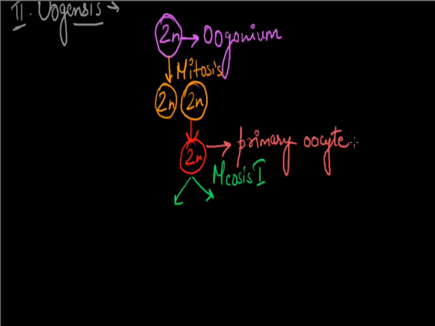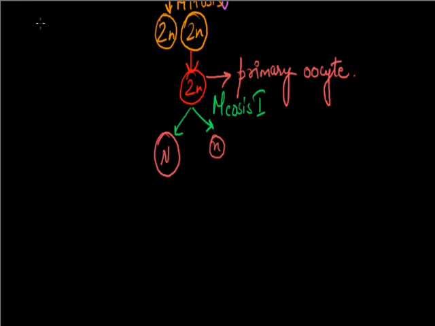Meiosis 1, as we all know, is the reduction division, and will produce two cells. One is the bigger one, having a large nuclear genetic content and cytoplasm, called the secondary oocyte, and the smaller is called the polar body.